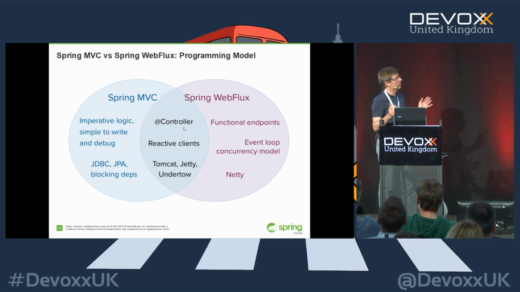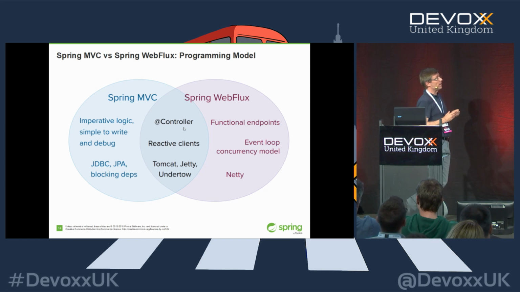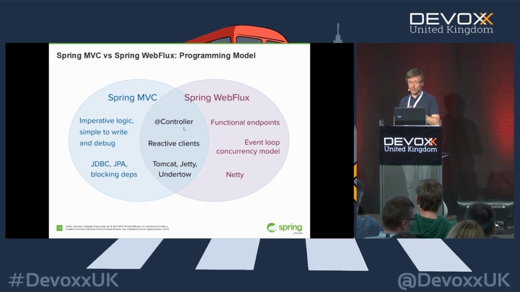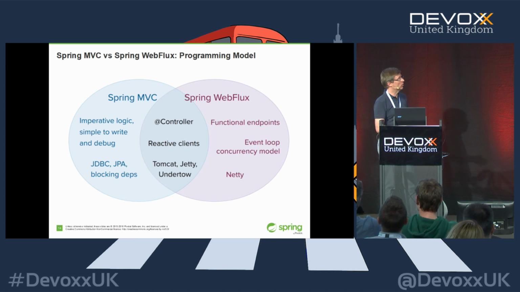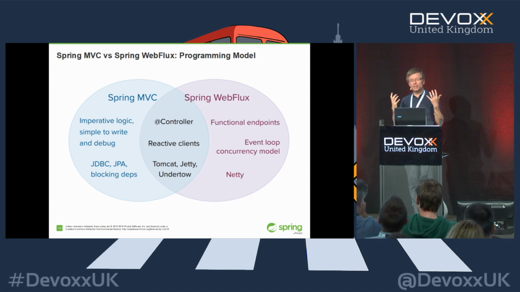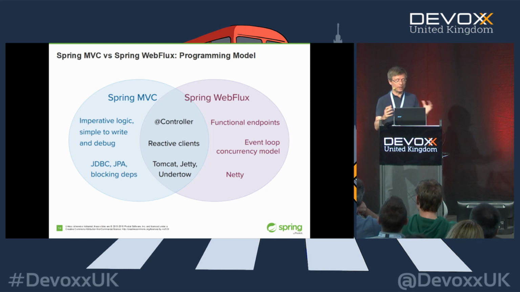The annotations, as we're going to see in a moment, are essentially the same. Both of them can actually use the reactive client, the new reactive client that we ship in Spring Framework 5, in their endpoints. And, well, both of them can actually run on Tomcat, Jetty or Undertow, just in different incarnations of those servers. So it's a quite interesting situation, leading to many debates, actually.